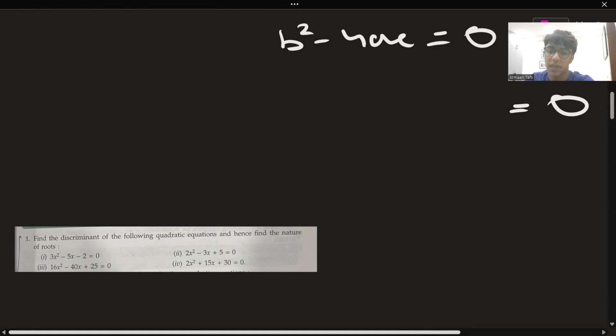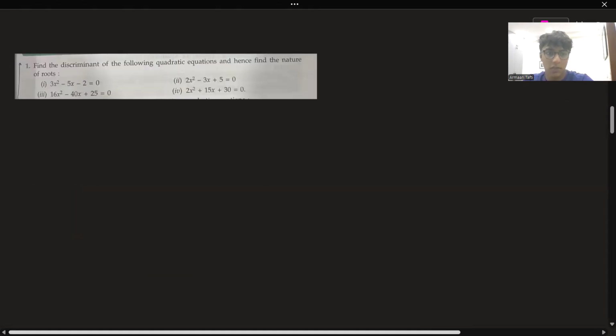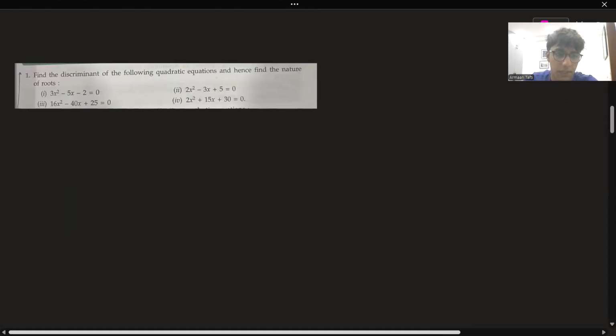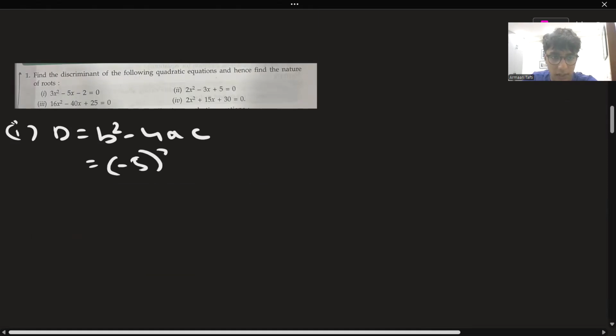Okay, so now let's head into the questions. Find the discriminant of the following equations and hence find the nature of the roots. Let's solve a couple of parts so you get to know exactly what it is. For part 1, we know that D equals b square minus 4ac. In this case, b equals minus 5, so it's minus 5 whole square minus 4 times a, which is 3, and c, which is minus 2.